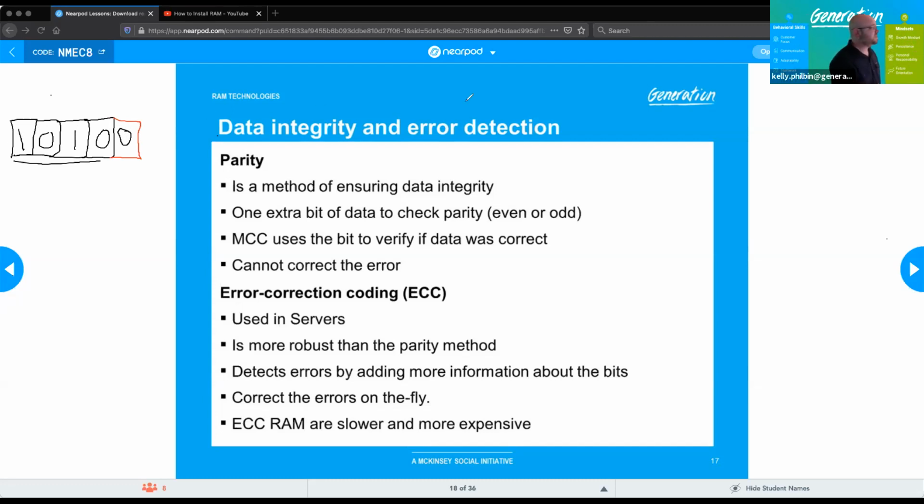All right, so say we had a slight hiccup in power. We lost a bit. This comes across, we still have our parity bit.